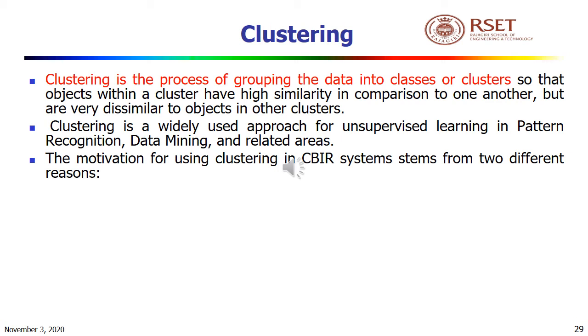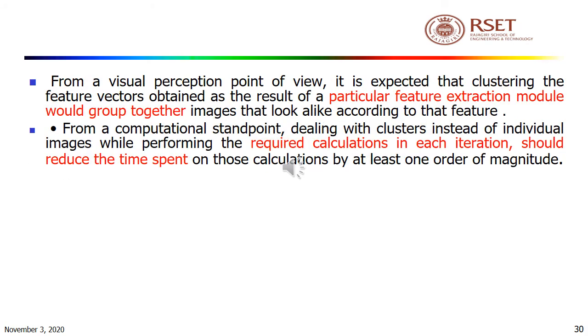The motivation for using clustering in CBIVR systems stems from two different reasons. The first is from a visual perception point of view: it is expected that clustering the feature vectors obtained as the result of a particular feature extraction module would group together images that look alike according to that feature.